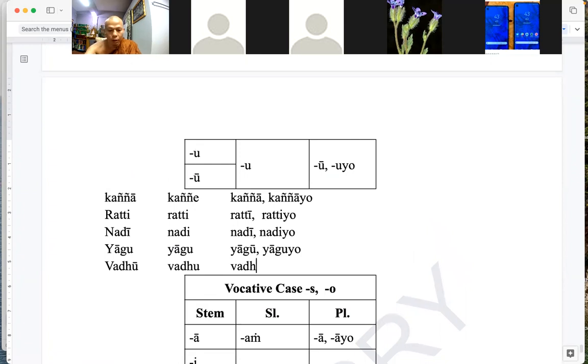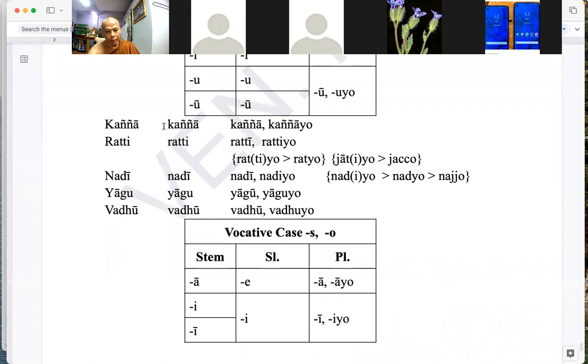So the first form, the long one, wadu. The second form becomes short, and then yo is added. So wadu yo. So kanye, kanya yo, rati yo, nadi yo, yagu yo, and then wadu yo. For nominative case here, you see, kanya yo.